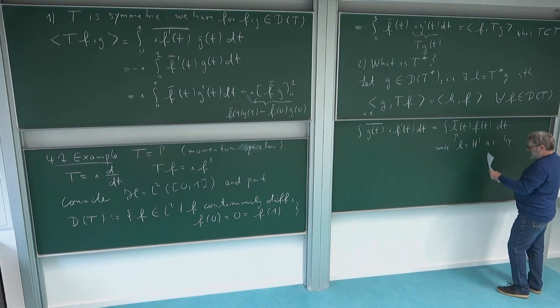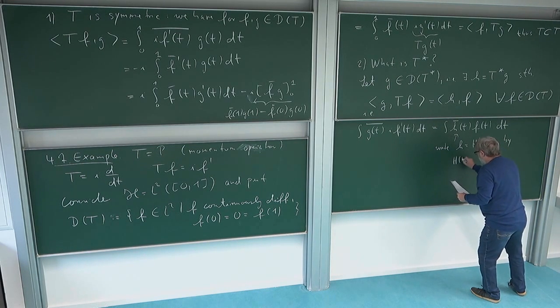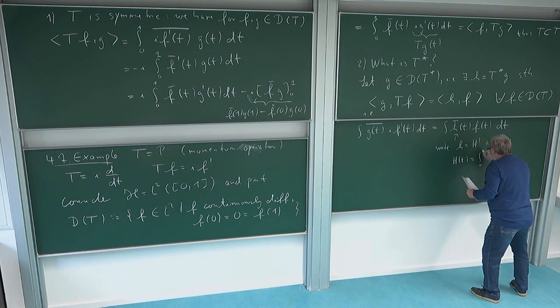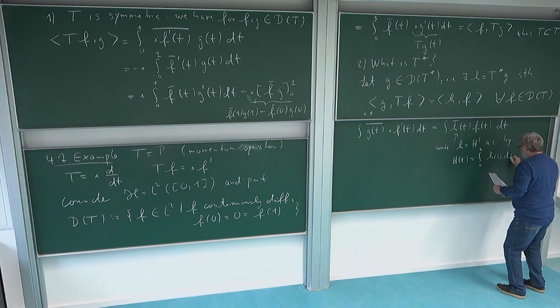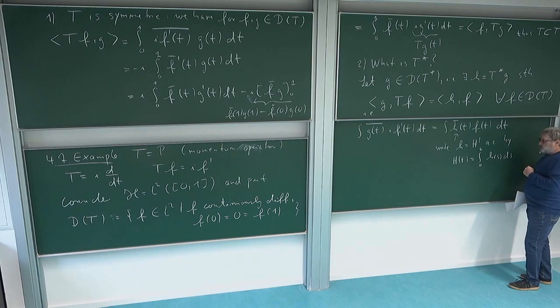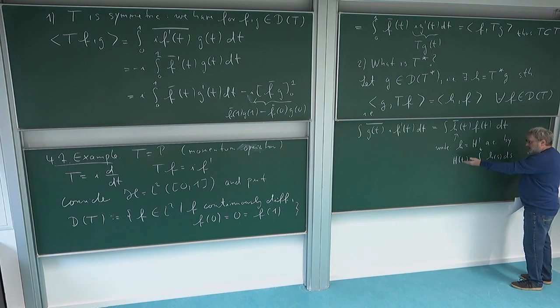So just by defining this H of t here as the integral from 0 to t over the little h ds. Okay, h is an L2 function, so it's integrable, so I can define this capital H. So this is well defined.